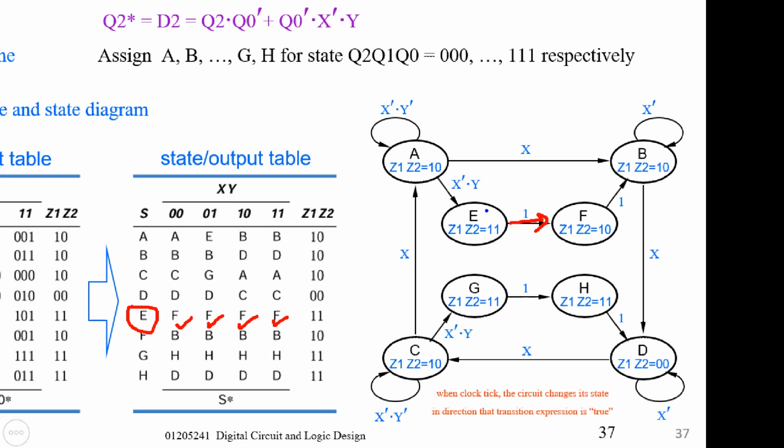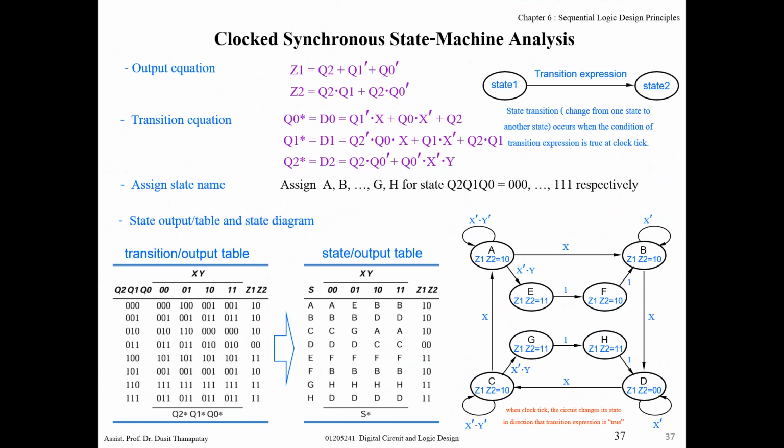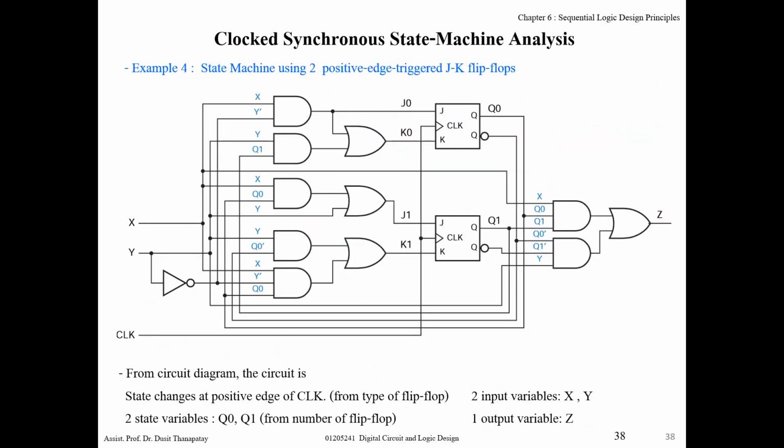When clock tick, you change from state E to F. Okay, this is just another method to show the condition of state change or state transition. Okay, next example.